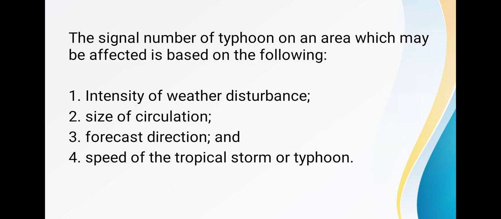Number three, the forecast direction, because most of the time, even though PAGASA already forecasted that this particular typhoon will go to a specific place, there are still instances where it will be diverted to other places. And number four, the speed of the tropical storm or typhoon. So remember, the higher the speed of the typhoon, the more easily it will sweep up our places.